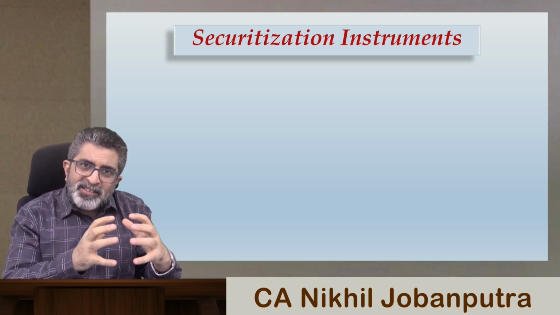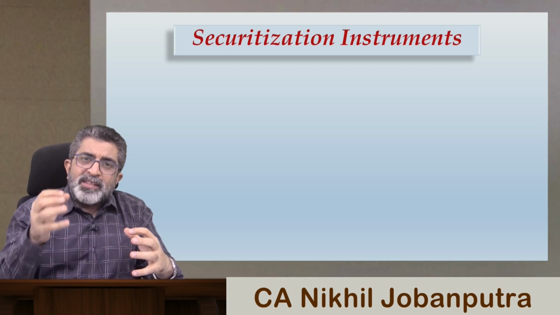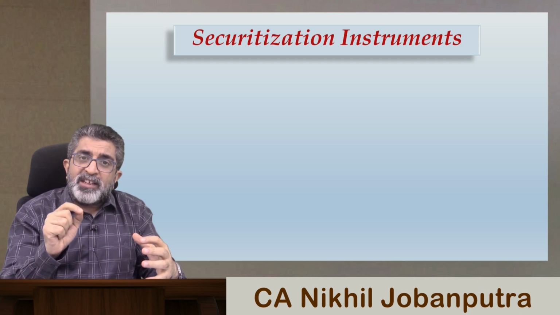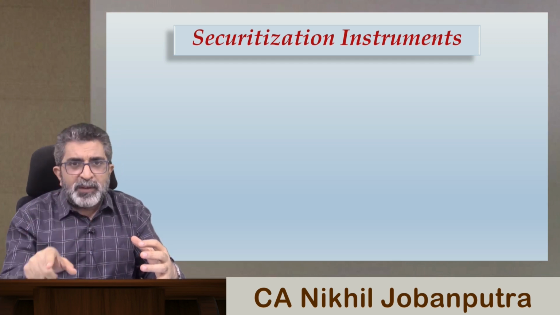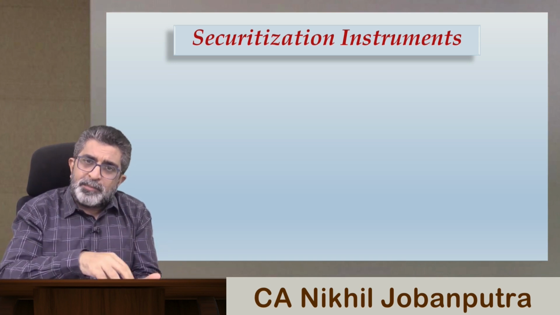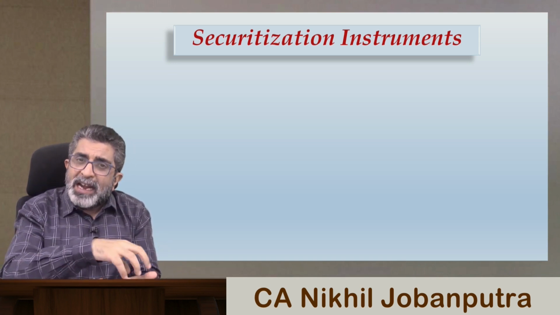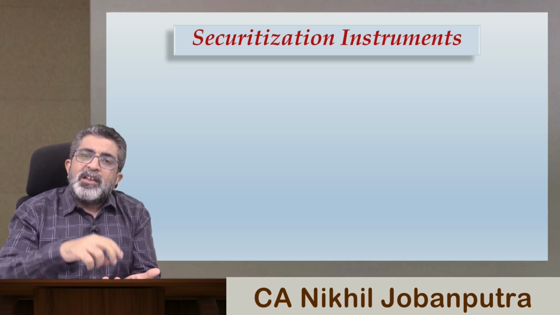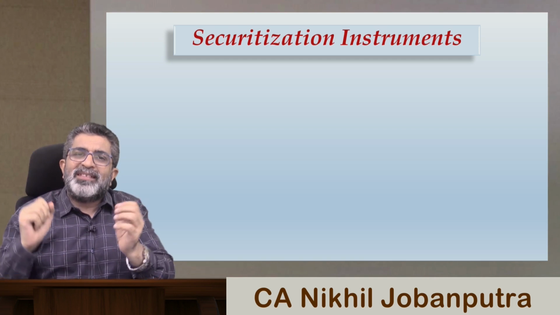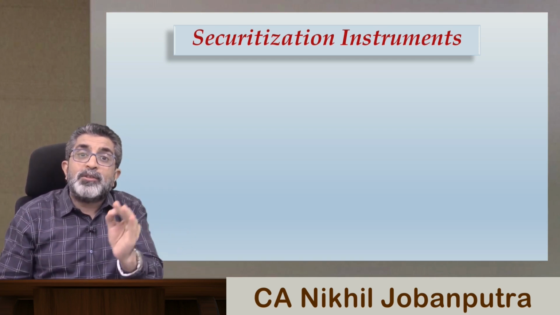So what is happening in the process of securitization? Backed by this asset pool or mortgage pool, the SPE has issued securities. If these securities are pass-through certificates, then whatever comes into the hands of the SPE by way of interest and principal recovery, that whole thing as it is will be passed to the investors. That is why it is called pass through.